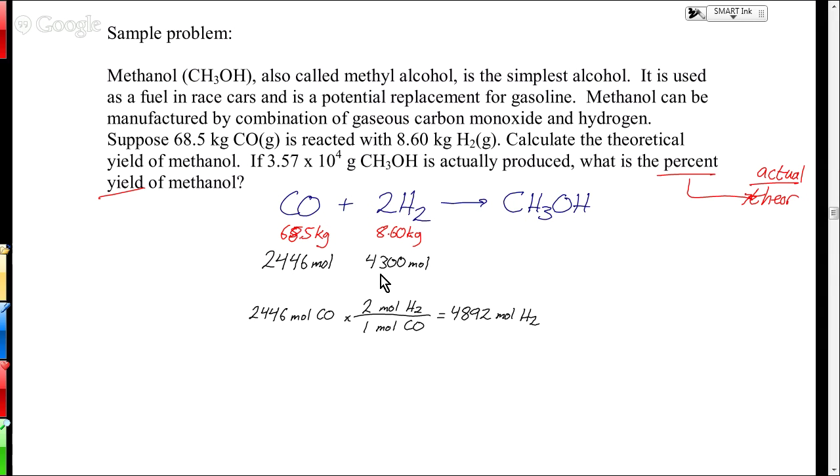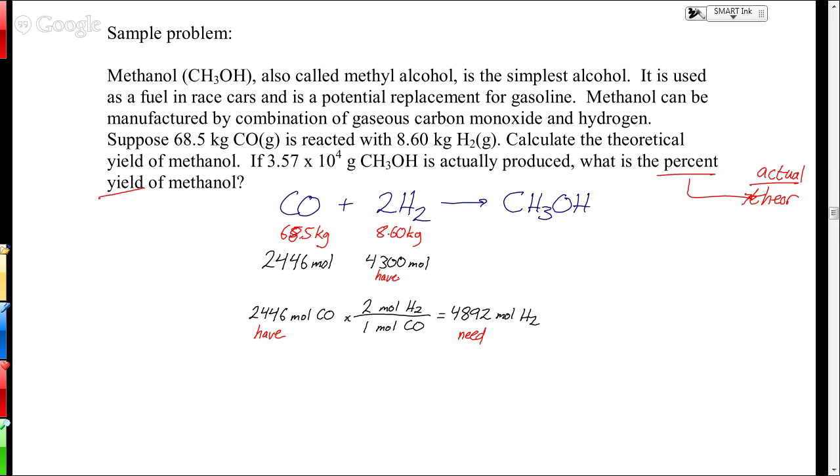We have less. So that tells us that our limiting reactant, assuming these numbers are correct, which, did anybody else get similar numbers? Yes? Okay. So that means that our limiting reactant must be the hydrogen, because we have less than what we need. So let's label that. This is how much CO we have. So then this is how much H2 we need.